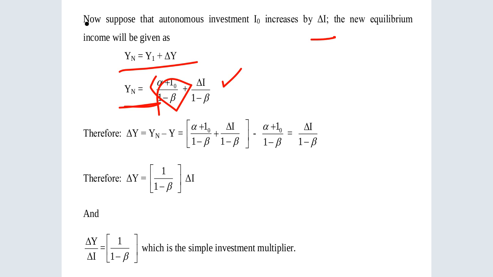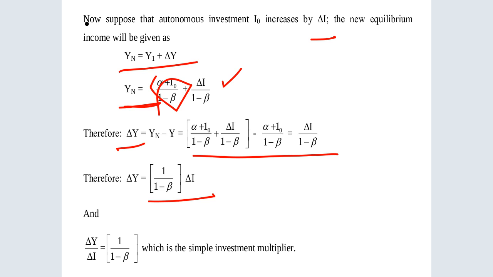Then we have the change in investment. So you can get the change in income as the new income minus the previous income, which is given by this part here. So therefore, the change in income will be given by 1 over 1 minus beta times the change in investment.